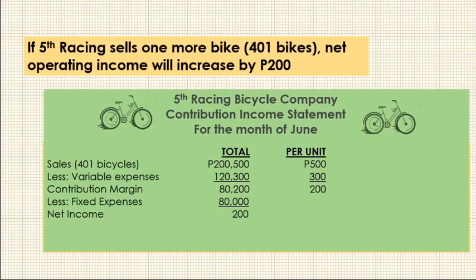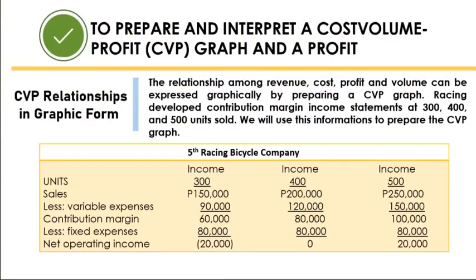For example, we know that if Fifth Racing Bicycle sells 430 units, net operating income will be 6,000 pesos. The company will sell 30 units above the break-even unit sales, and the contribution margin is 200 pesos per unit, or 6,000 pesos.